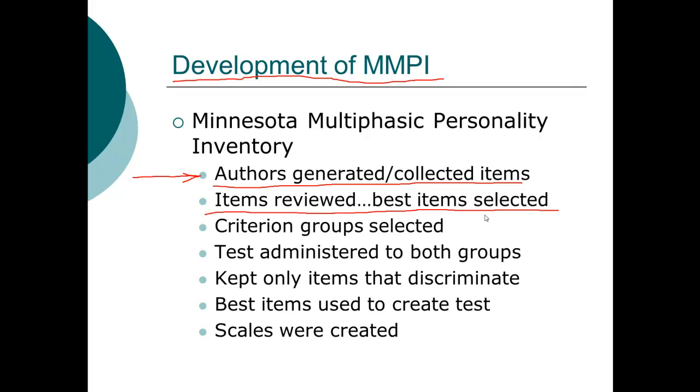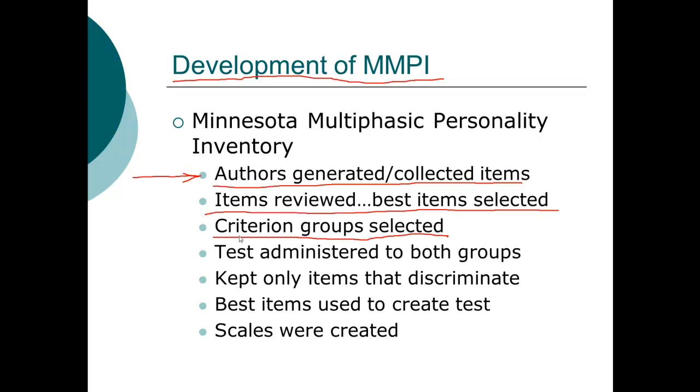So they went through all of their volumes and volumes of research data and found some inventory items, questions that would help to discriminate between groups, and so they found the best of them and went through the review process.